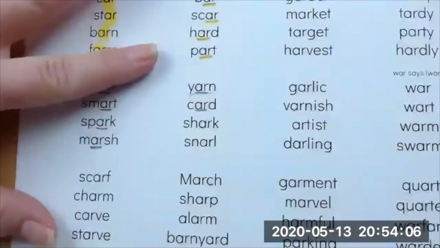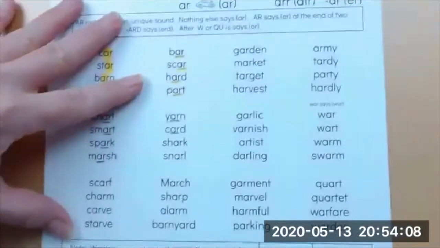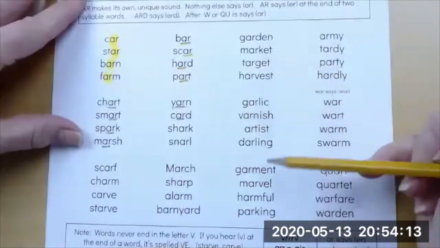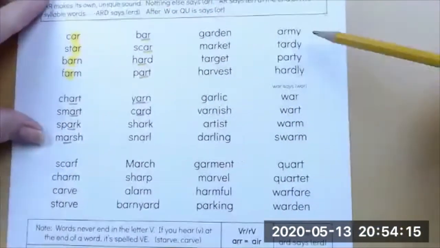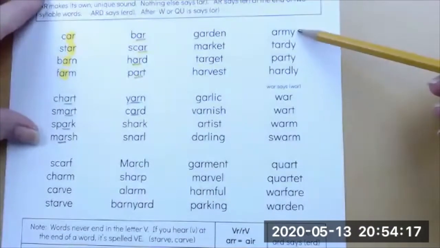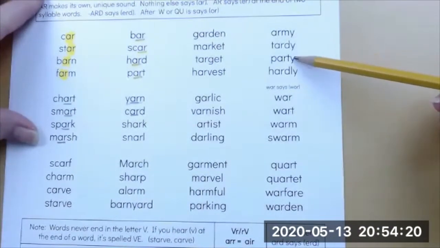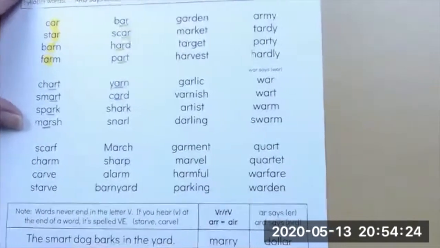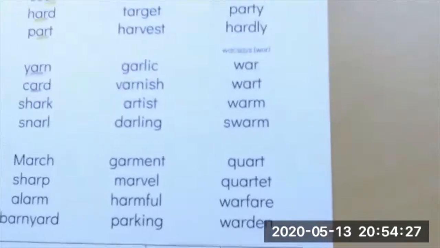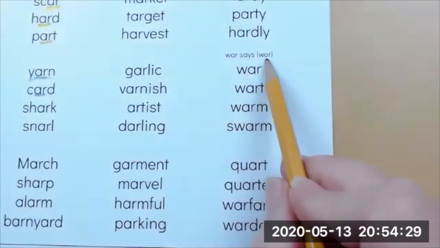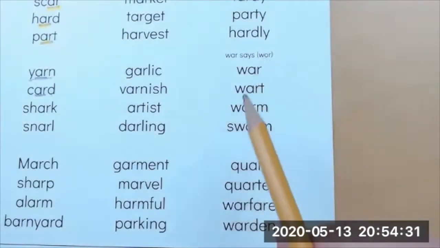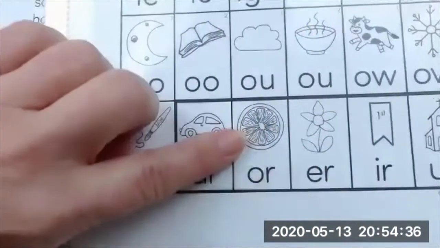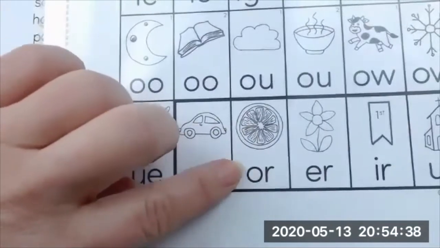And there's some pieces to know about all of these pages that I'm just going to go through quickly. You have some 2-syllable words on every single page, and then a lot of the pages have another level of difficulty. On this page, there's words that end in Y and LY. There's a section here that says WAR says war. Well, we haven't even done OR, but the child knows OR, orange, because you've been tapping it.